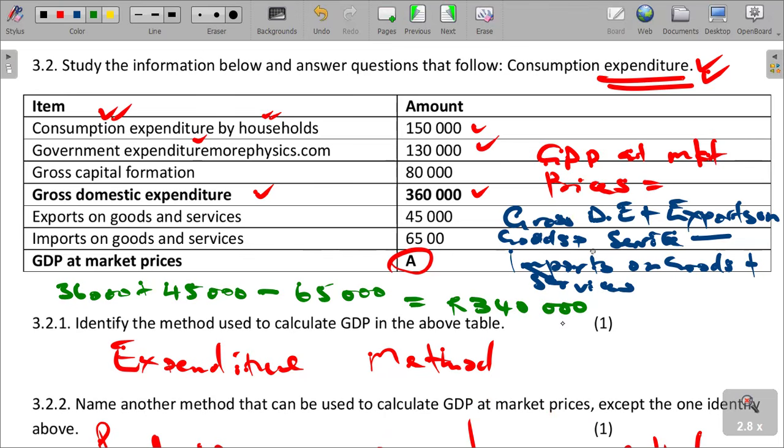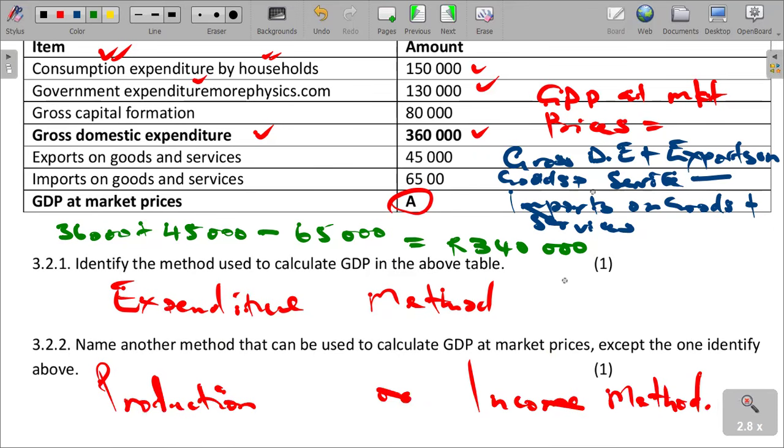That is GDP at market prices. It is calculated in that regard.